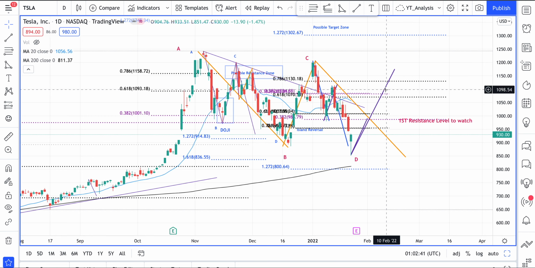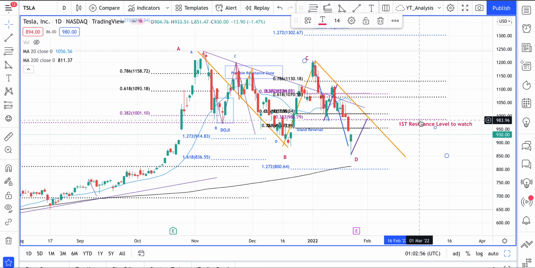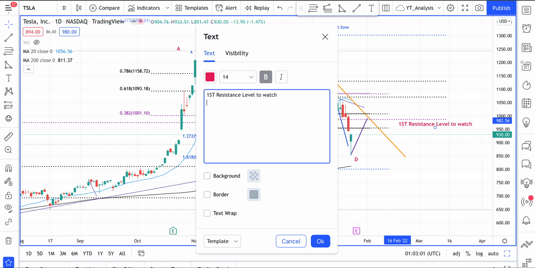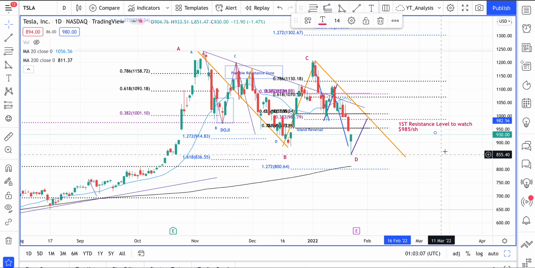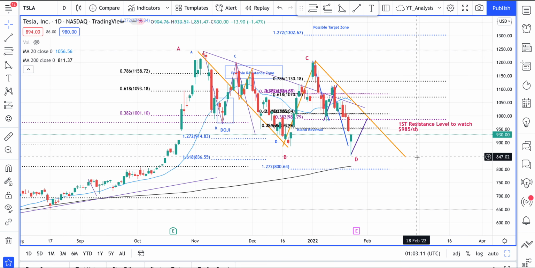In terms of possible resistance, if this stock is really bearish, then it is going to have a hard time just getting above the first resistance level, which comes around 985. So let's make it the 985 per share level. It should find resistance there and begin to move lower.